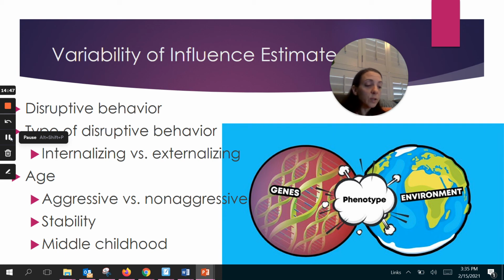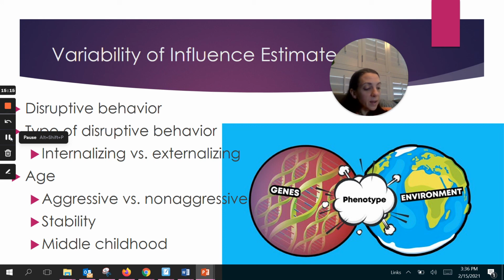But the theories include the definition, the age, and error in the measurement of disruptive behaviors, and sibling types. So they say that any of those factors can account for why that middle childhood variance is so large, from 13 to 94%. And for the type of behavior, they're talking about aggressive antisocial behavior and non-aggressive antisocial behavior.